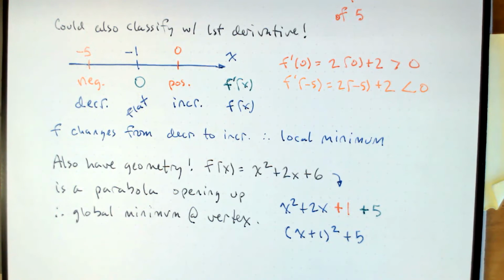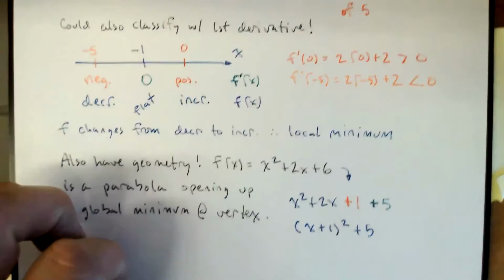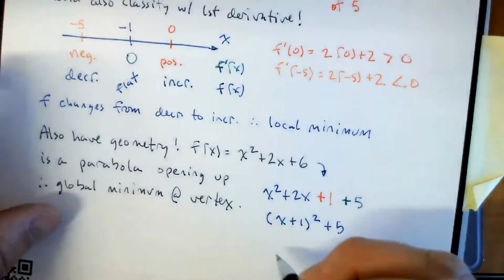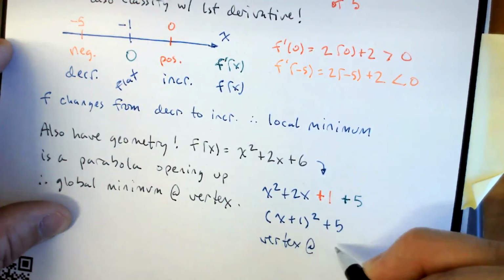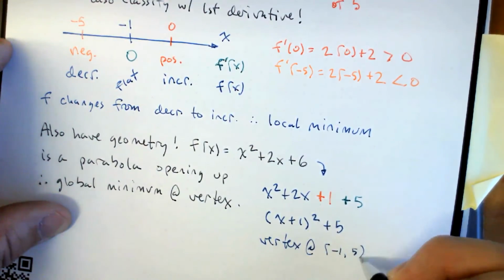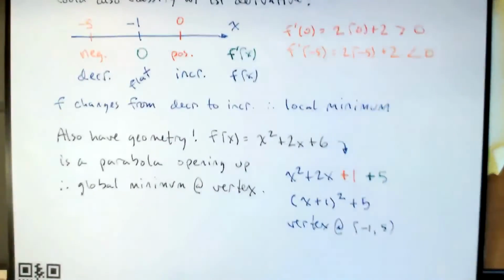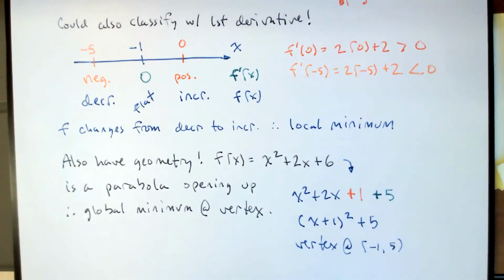We can just read off what the vertex is. Here we can see that the vertex is at -1, 5. This is something that we already knew because we applied calculus at the beginning. So we got a vertex at -1, 5, and that means a global minimum of 5 when x is equal to -1.